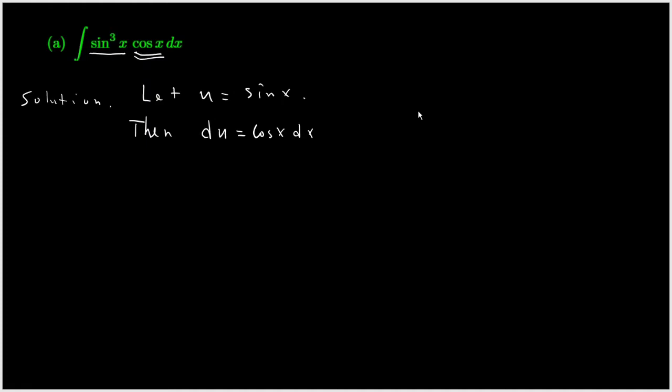That's why we call it the substitution rule. The integral in x is going to be converted to a new integral in u. In the next step, we are going to rewrite the given integral entirely in terms of u. So the given integral, I'm going to copy the given integral.